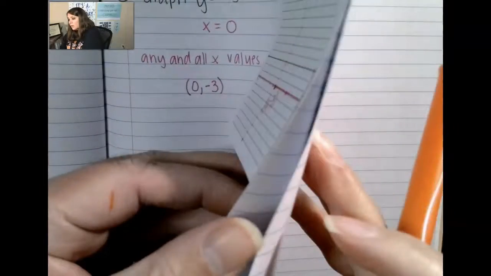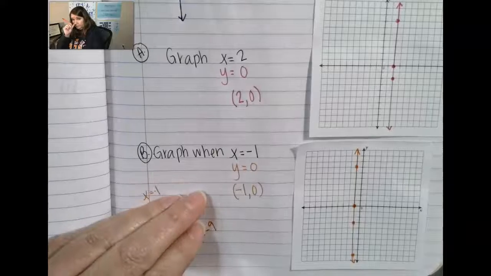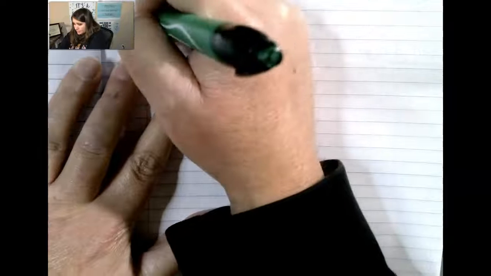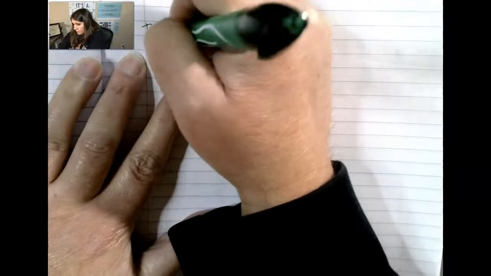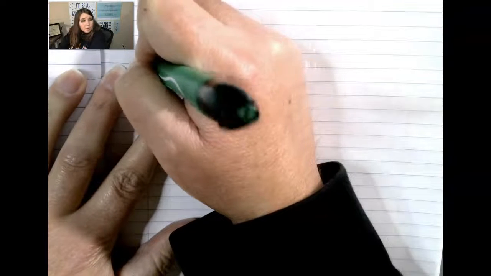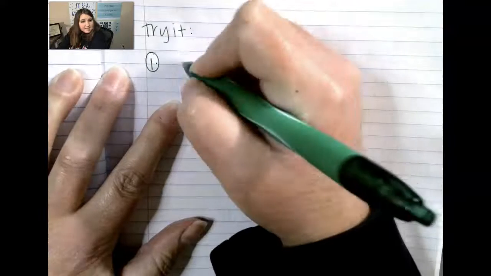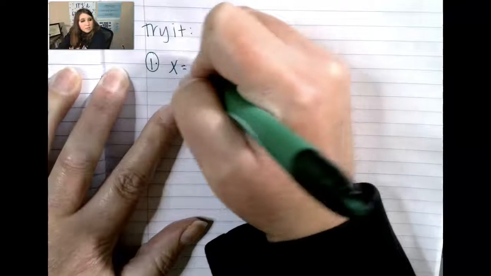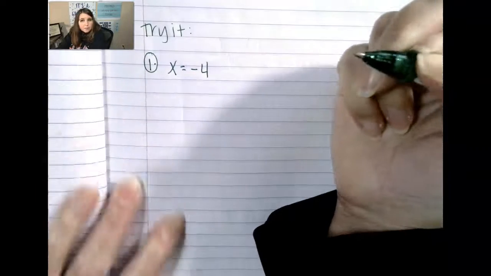Okay? All right, let's go ahead and give you your try-its for today so that you can try graphing horizontal lines or vertical lines yourself. So try it number 1 says that x equals -4.